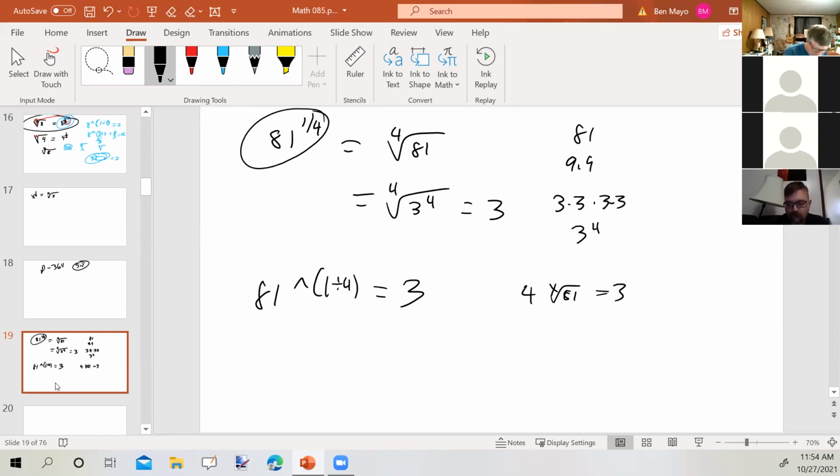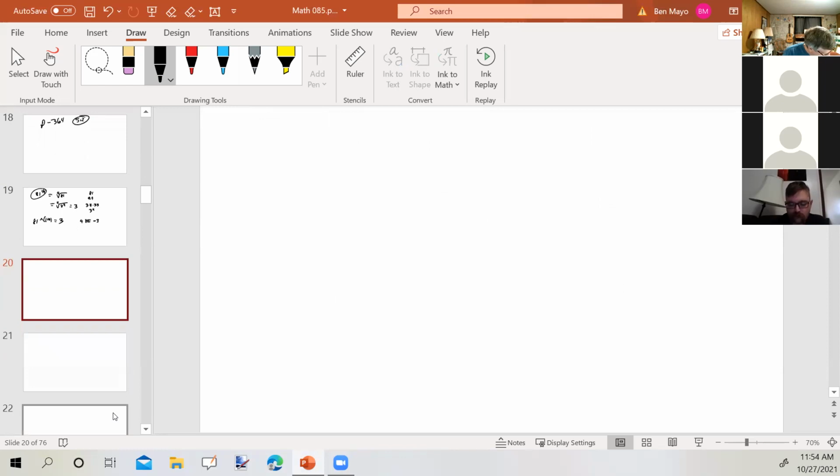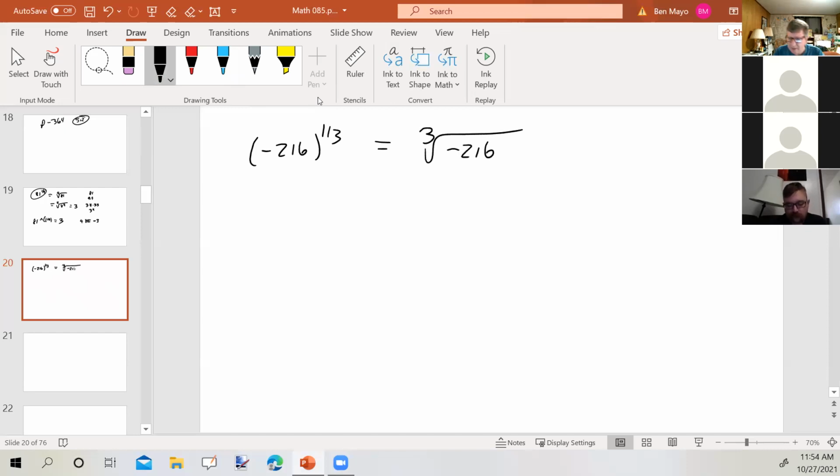Okay, what about this one? Let's see, negative 216 to the 1/3 power. So that's the same thing as the cube root of negative 216. Now remember, yes, you can take an odd root of a negative number. You just can't take an even root.